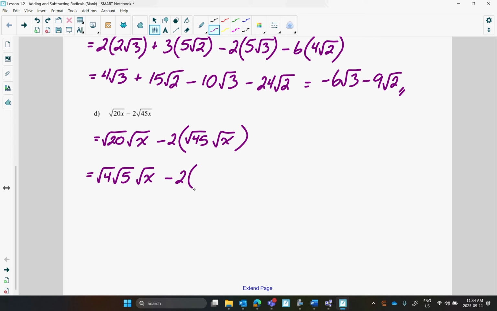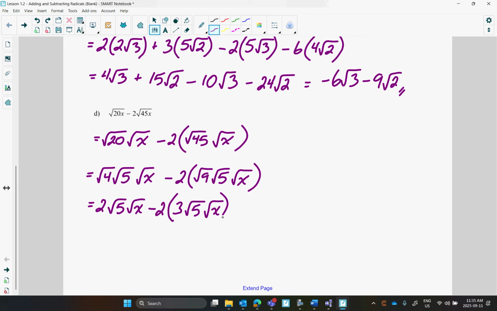Negative 2 times, what does this break down to? Root 9 times root 5. And once again, there's no highest perfect square that goes into root x. Well, root 4 is 2, times root 5 times root x, minus 2 times 3 times root 5 times root x.